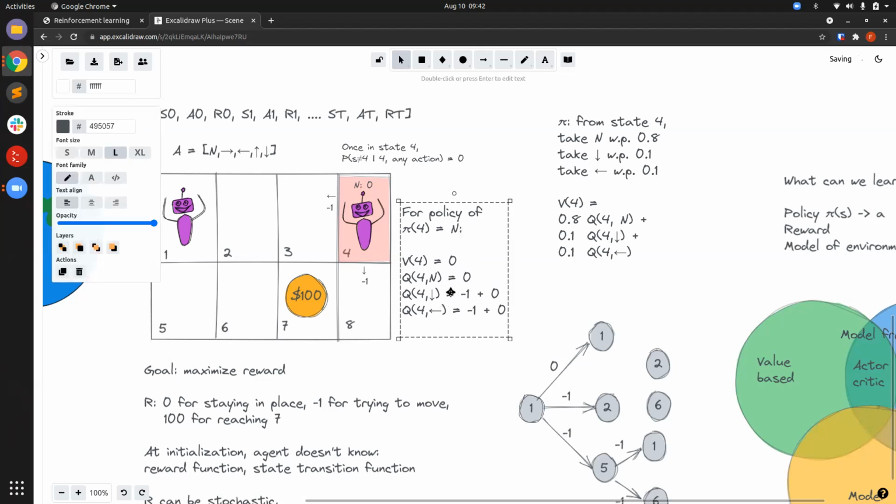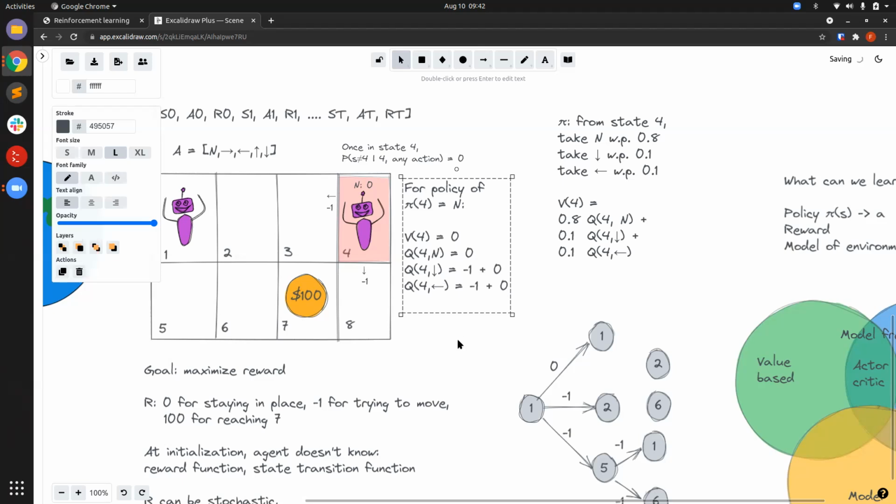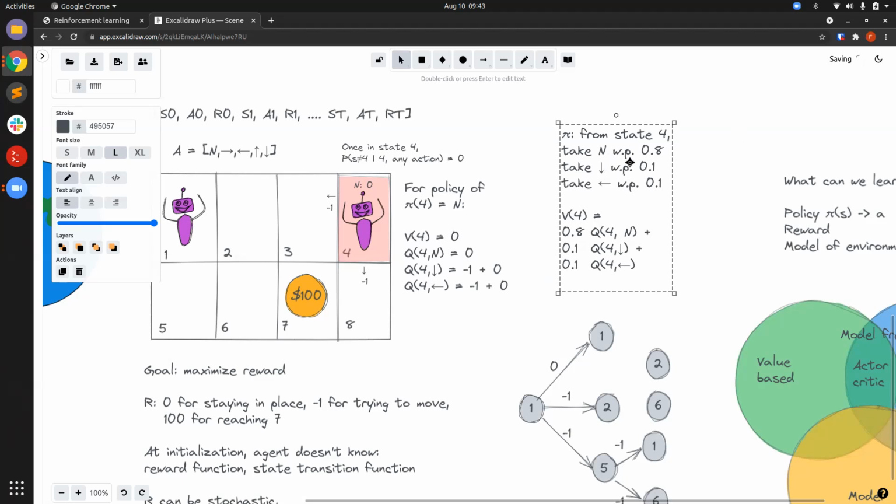Then we had those defined value functions or action values. But now, when our probabilistic policy tells us sometimes you do no-op and sometimes you go down and sometimes you go left, we don't necessarily know what these Q values are anymore.